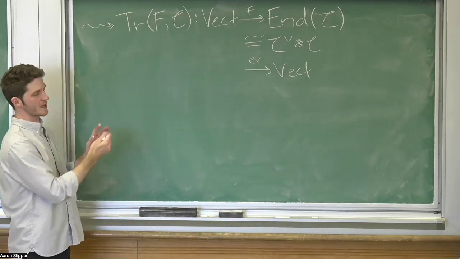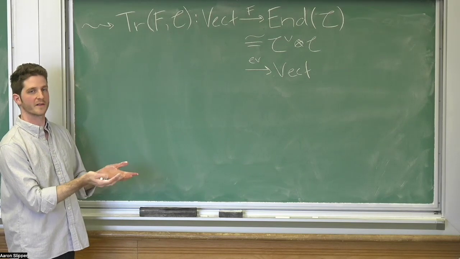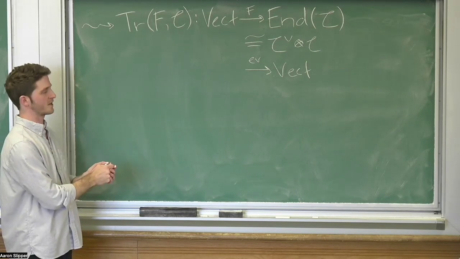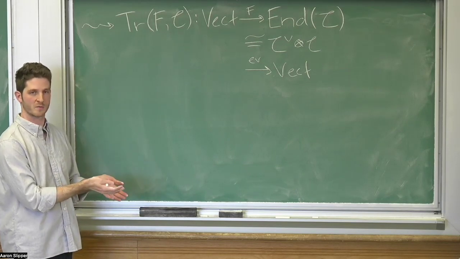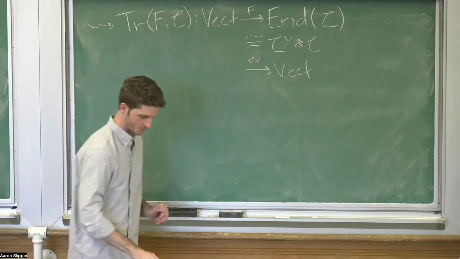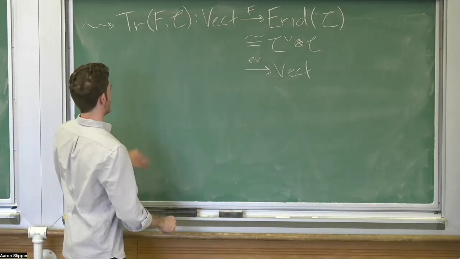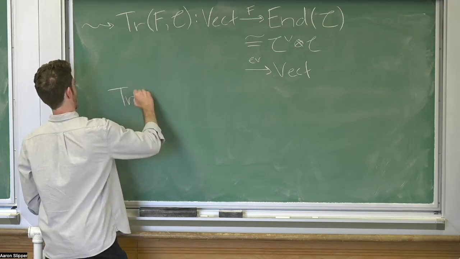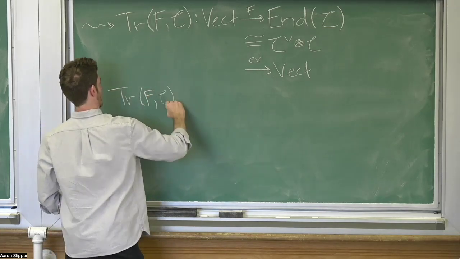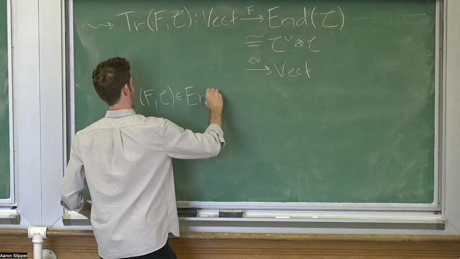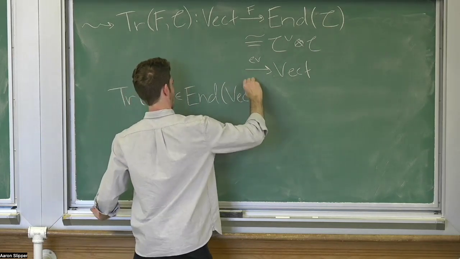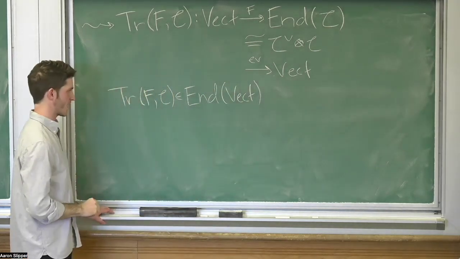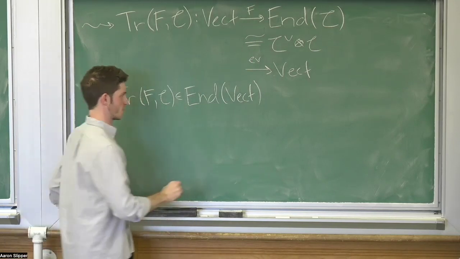Okay. This is something that makes sense in any symmetric monoidal category, in fact. All I've used here is that I have an endomorphism of a dualizable object in a symmetric monoidal category, completely formal. And what I got was an endomorphism of the category Vect, a continuous endomorphism.